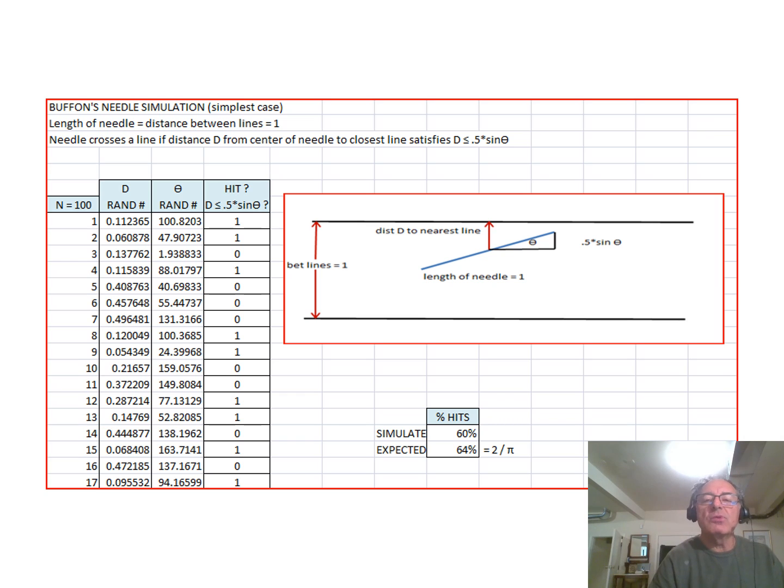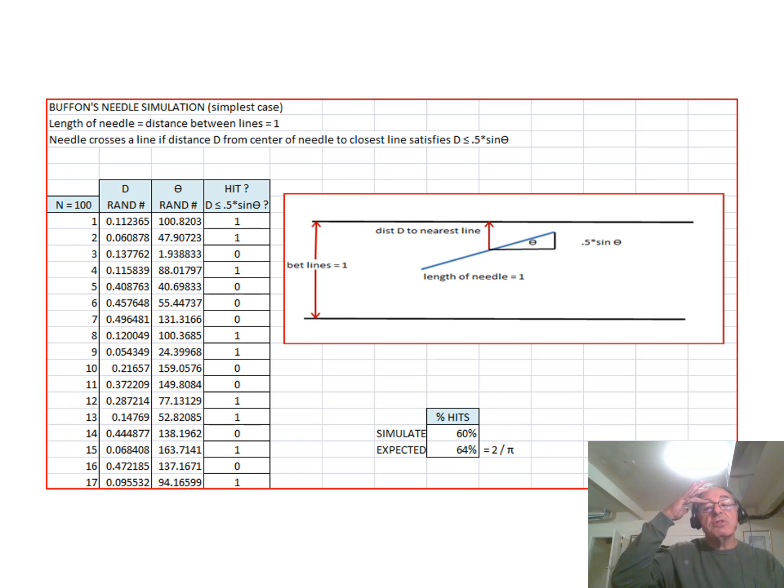Sorry, if it was 1, I think it'd be too easy to do. And theta is an angle. And if the distance turns out to be less than or equal to 1/2 theta, then it does cross the line.